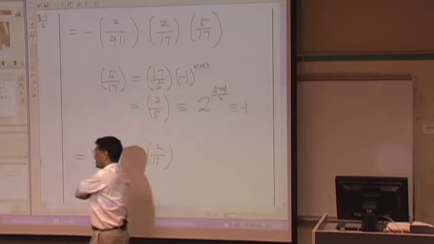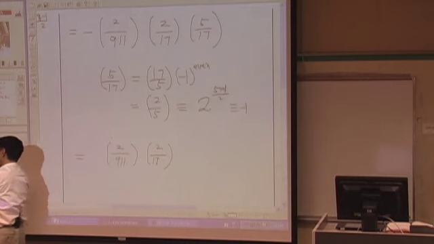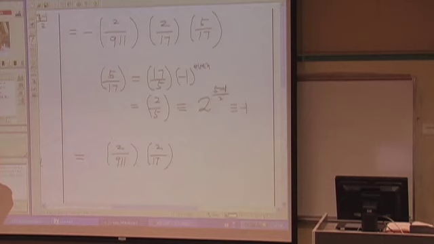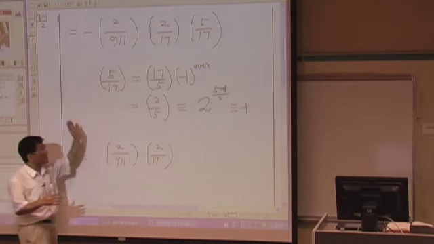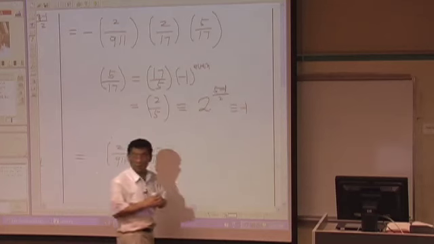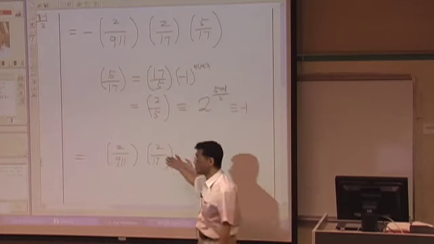So what is the point? To find whether the solution exists or not, we need to calculate the Legendre symbol. But to calculate the Legendre symbol, you don't have to use the definition. You can use the reciprocity rule, and all the rules that have been developed. The only thing that I didn't mention is this portion.